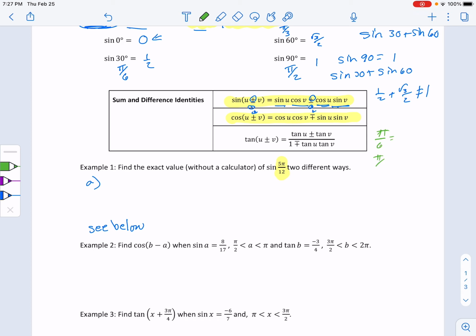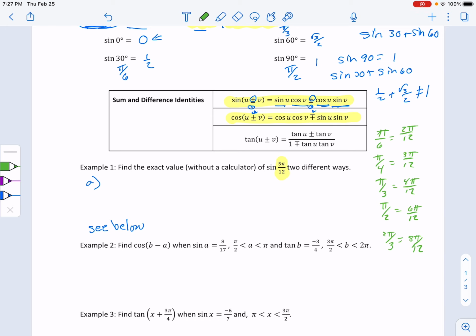I have pi over 4, pi over 3, pi over 2, and 2 pi over 3. And I write them in terms of pi over 12. So this is 2 pi over 12. This is 3 pi over 12, 4 pi over 12, 6 pi over 12, and 8 pi over 12.